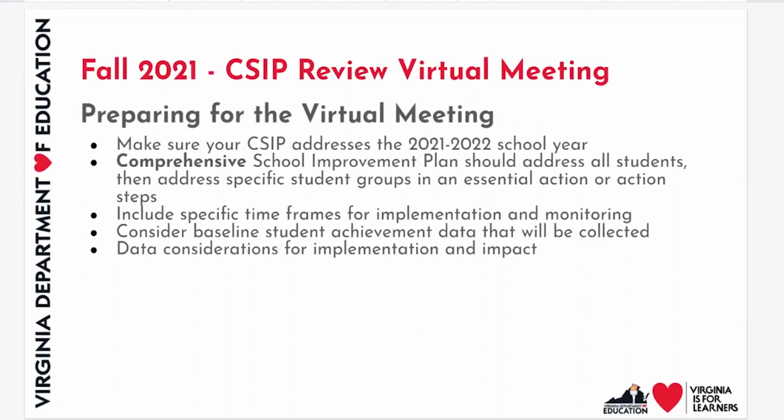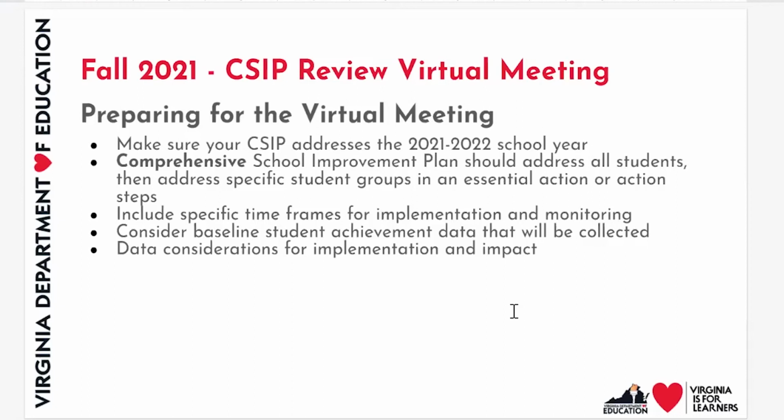Also start thinking about, as you're writing this plan and starting the new year, that baseline data. What student achievement data are you going to be using that you're going to monitor? Considering those data points, what's that data going to look like? And also the data you're going to use to show implementation and impact.